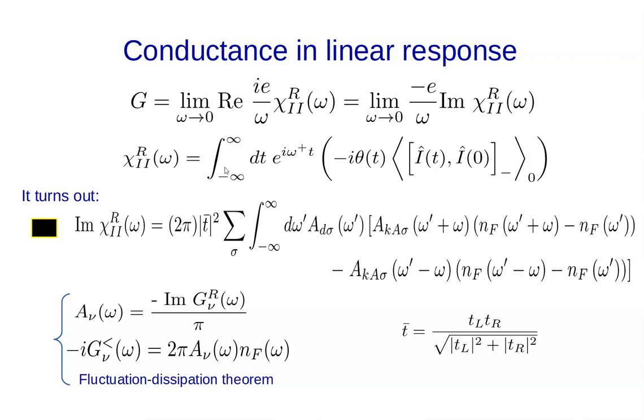It's a rather long calculation, but we can arrive at the following result, where the imaginary part of this object depends on spectral functions, essentially, of the electrons in the impurity, and a spectral function of the antisymmetric combination of the lead operators that we're going to define here, times, at non-zero temperatures, the Fermi distributions at different frequencies.